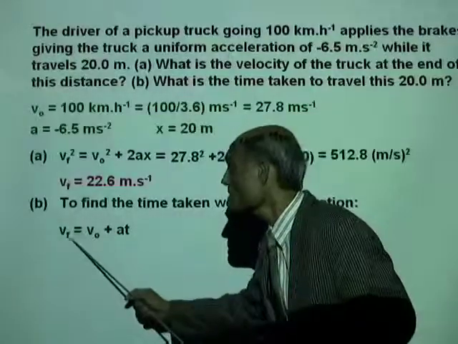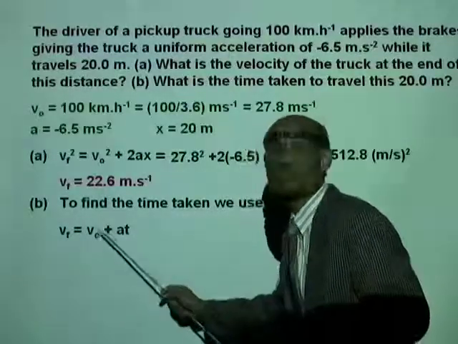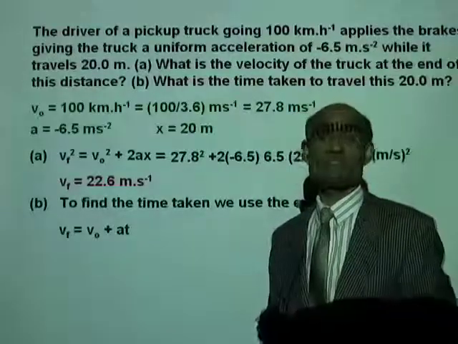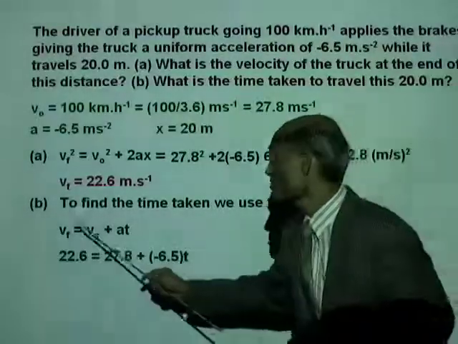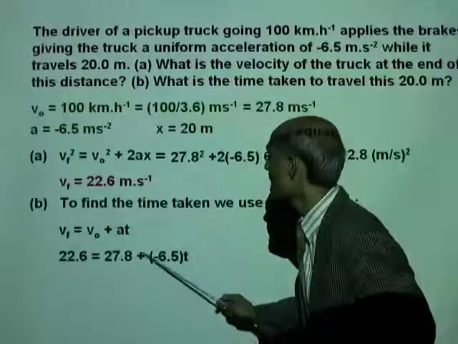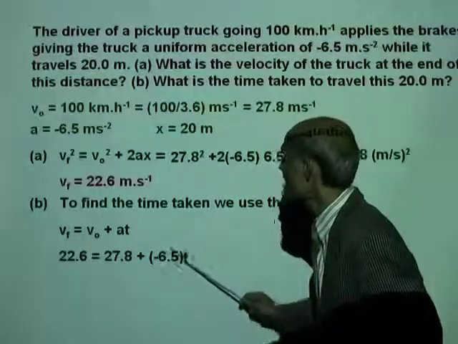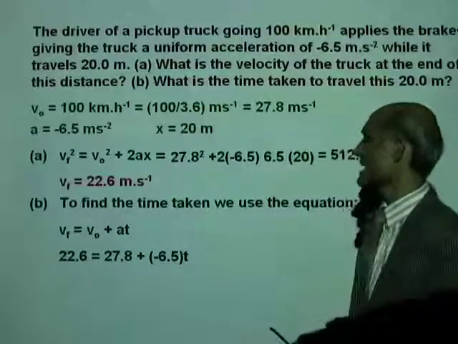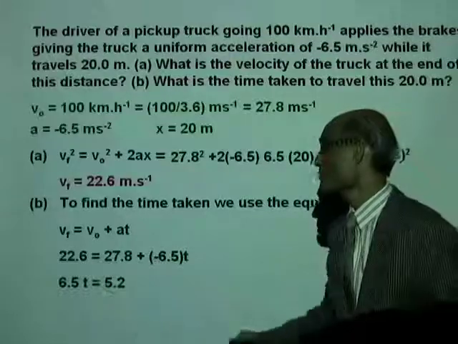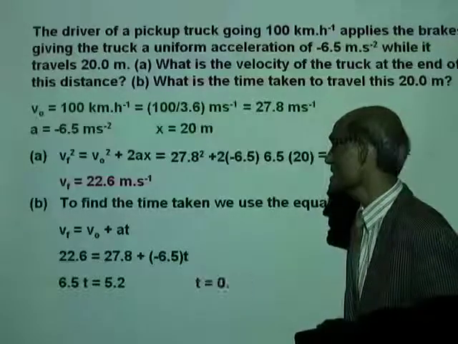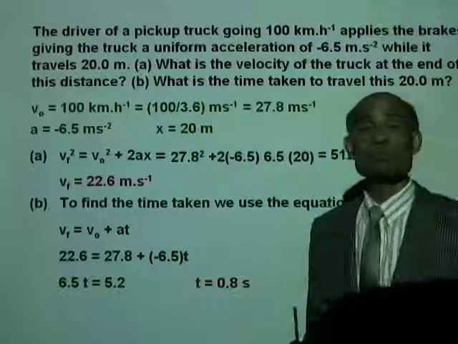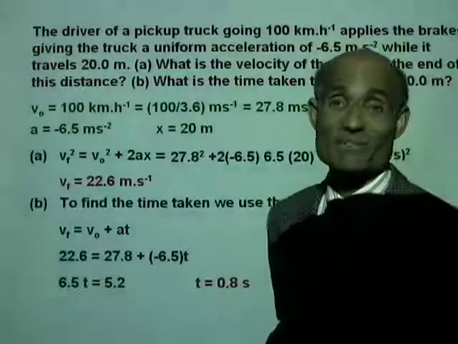We have obtained the Vf, we know V0, we know a, therefore we can find the time. So 22.6 equals 27.8 plus a, negative 6.5, times t, and you can solve that equation. That will be 6.5t equals 5.2, or t equals 0.8 seconds.